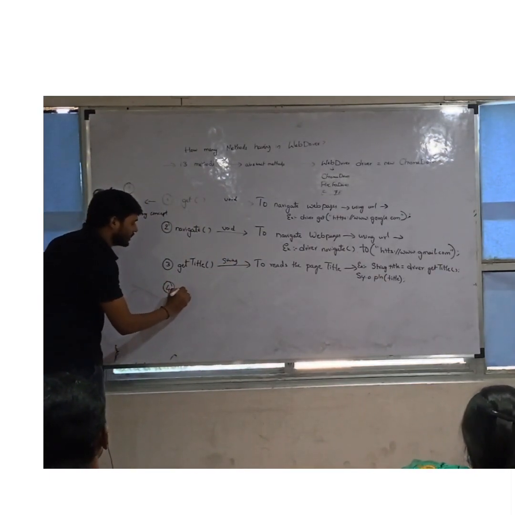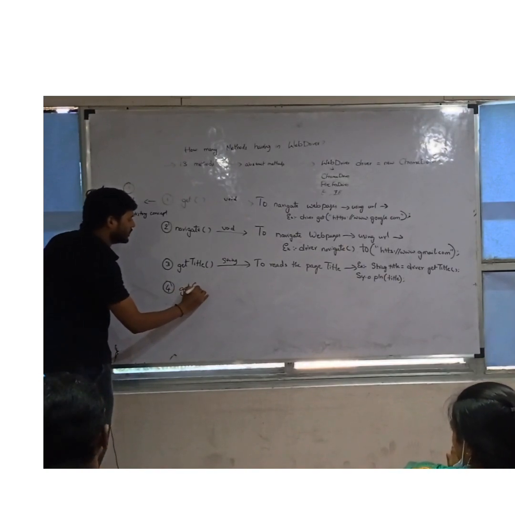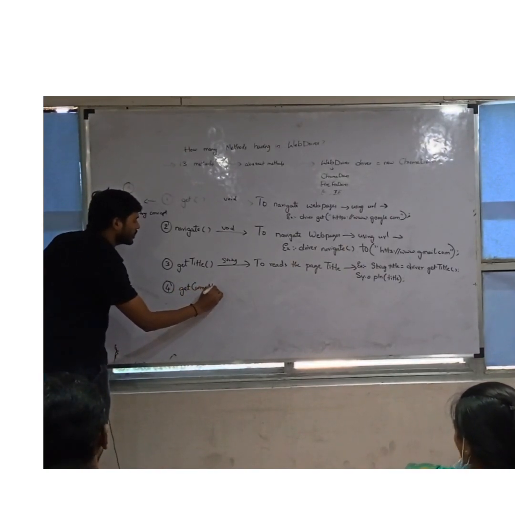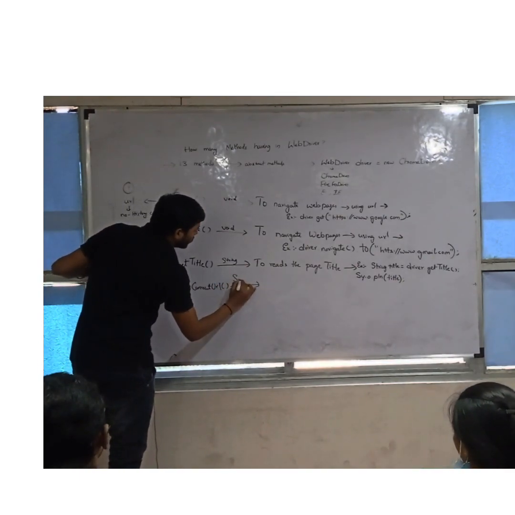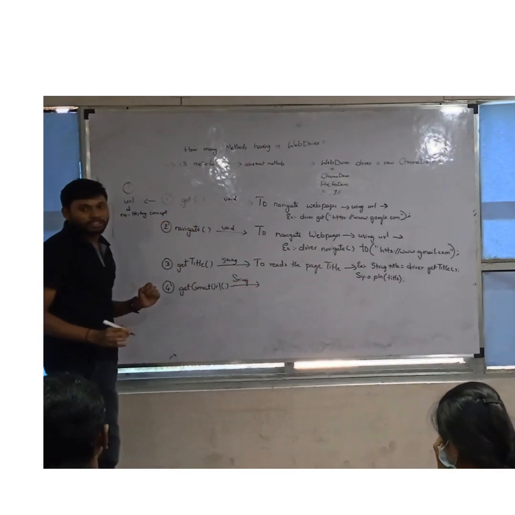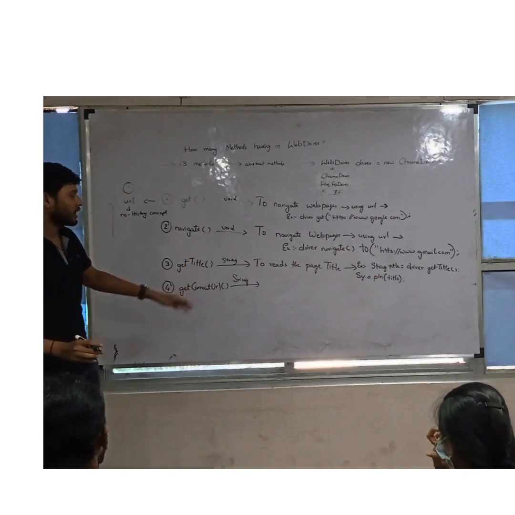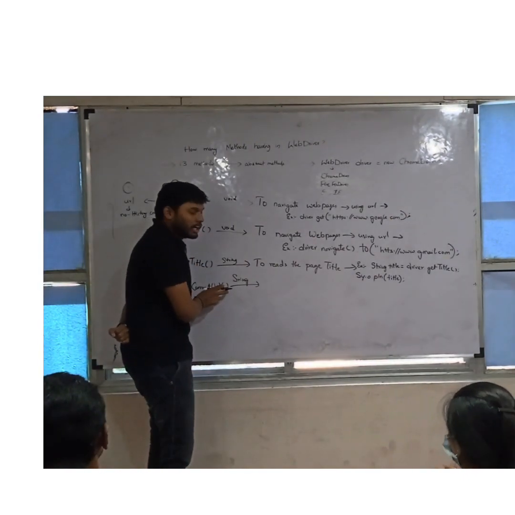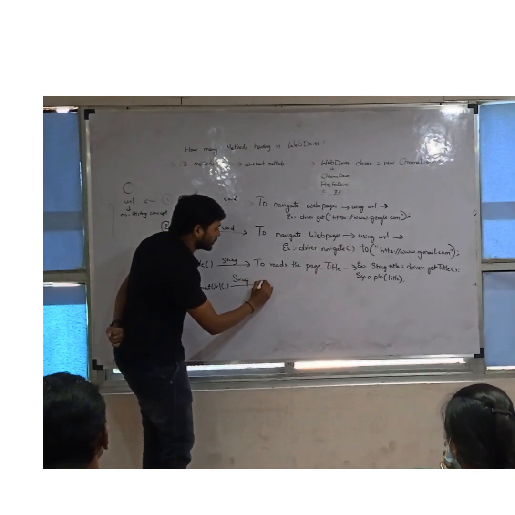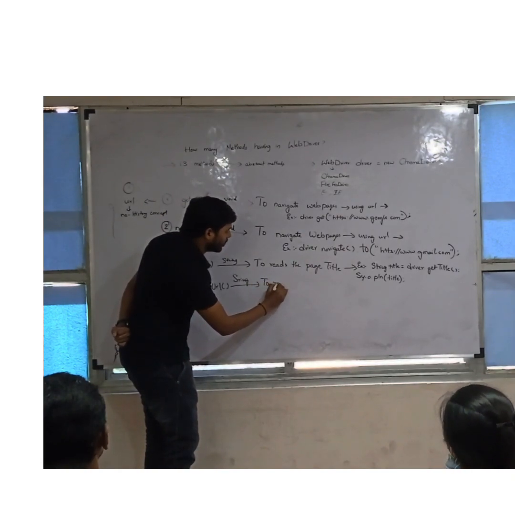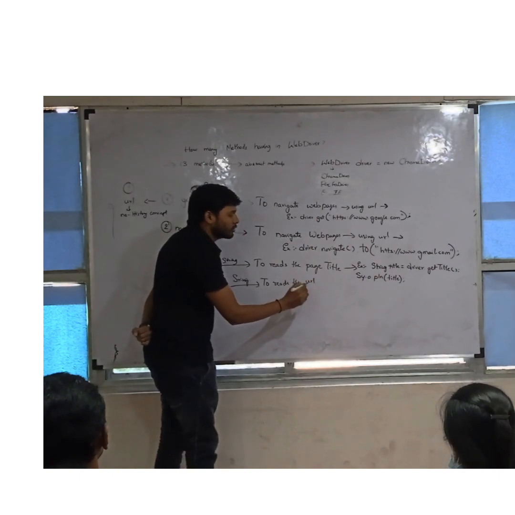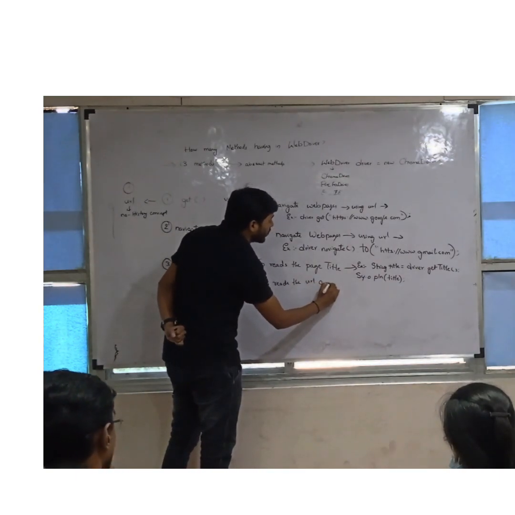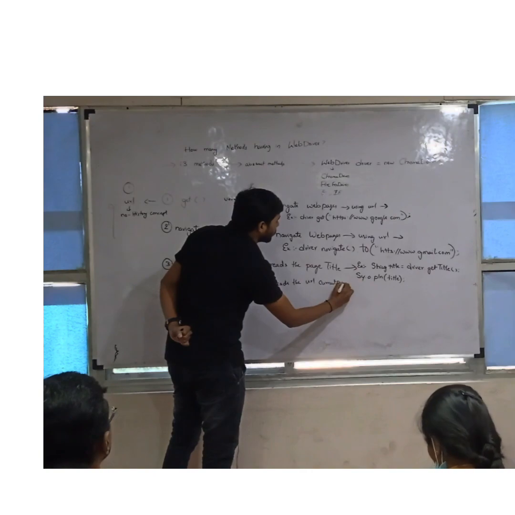The fourth method is getCurrentUrl. This is also a String return type method. Its functionality is to read the URL of the current page.